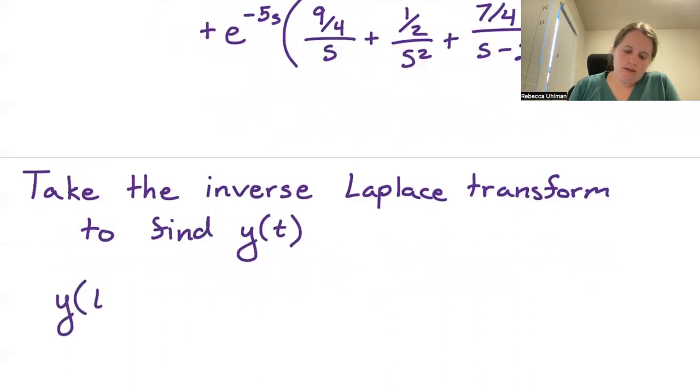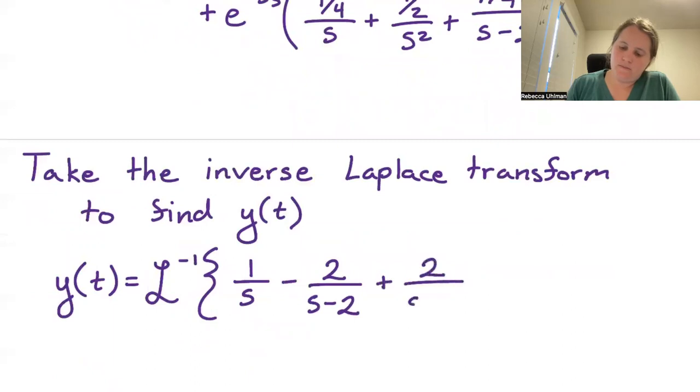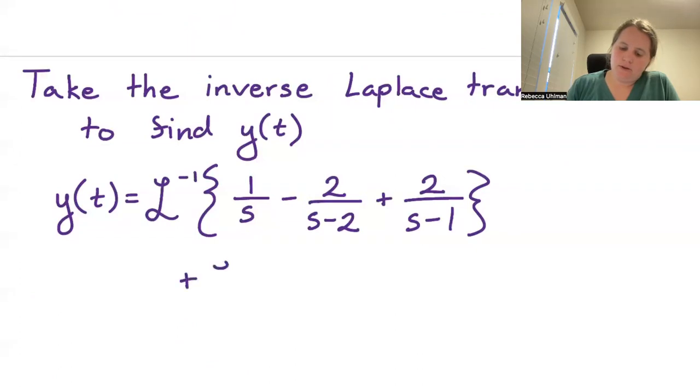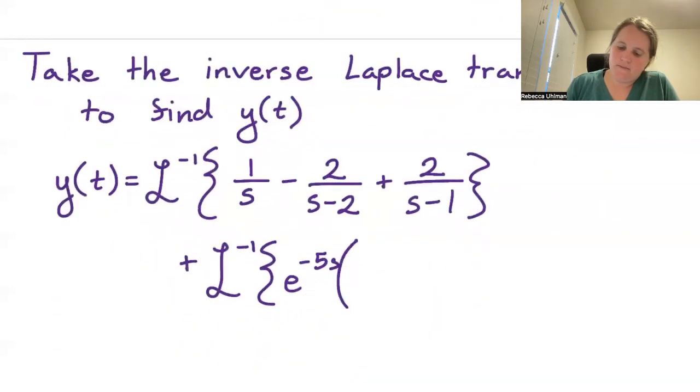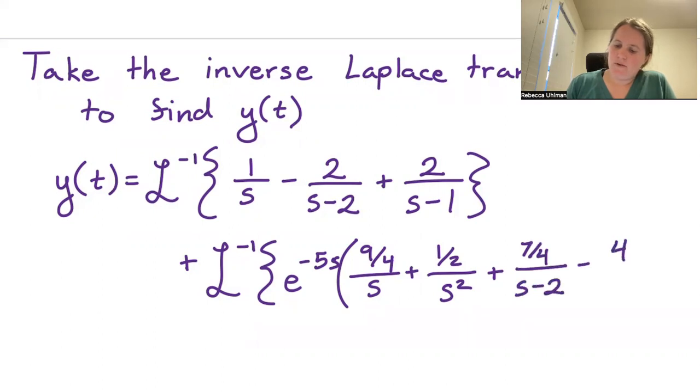So we have y of t is equal to the inverse Laplace transform of 1 over s minus 2 over s minus 2 plus 2 over s minus 1, plus the inverse Laplace transform of e to the negative 5s times 9/4 over s plus 1/2 over s squared plus 7/4 over s minus 2. I apologize, my screen's not updating. We have e to the negative 5s times 9/4 over s plus 1/2 over s squared plus 7/4 over s minus 2 minus 4 over s minus 1.